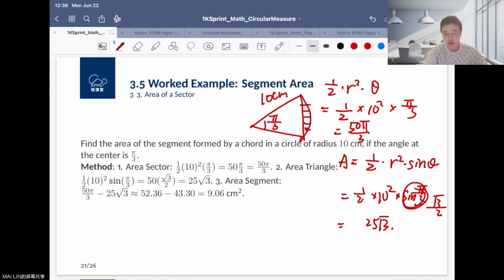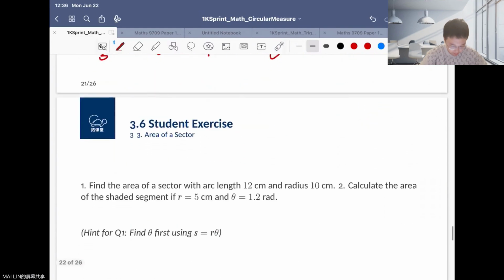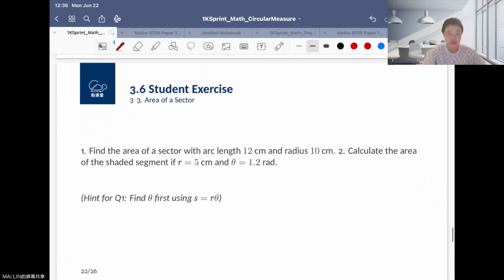Then you use the sector's area minus the triangle's area to get the segment area, that is 50 pi over 3 minus 25 square root 3, which is 9.06 centimeters squared as our final answer, okay? That is for this problem. And there are still two exercises for you to solve. You can pause the video and try to do it yourself. But if you want to follow with me, you can keep going, okay?